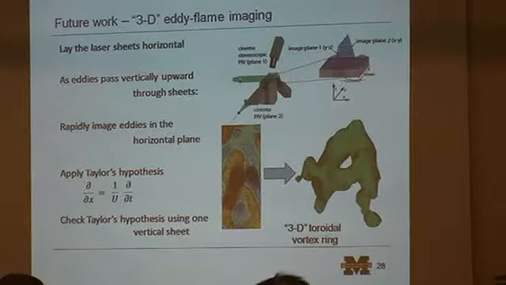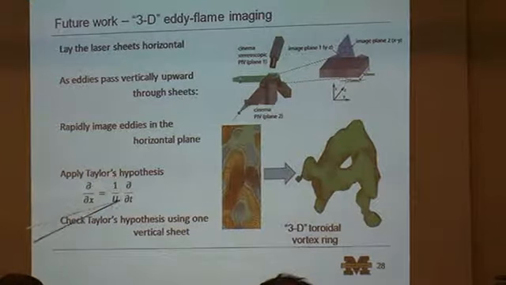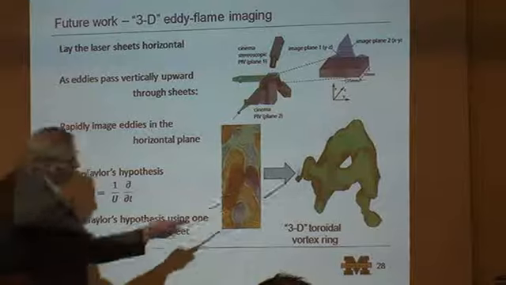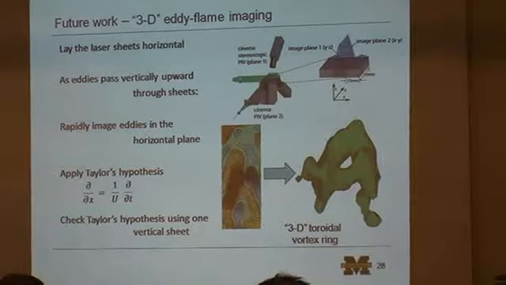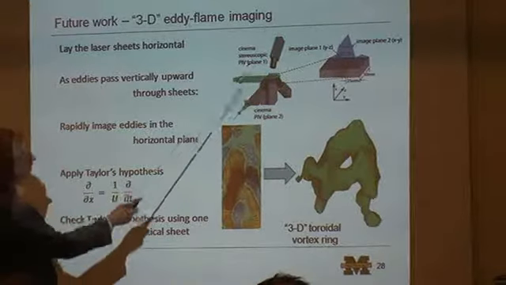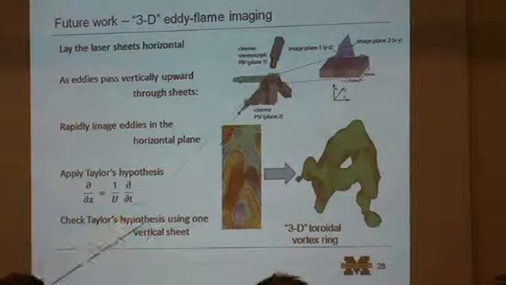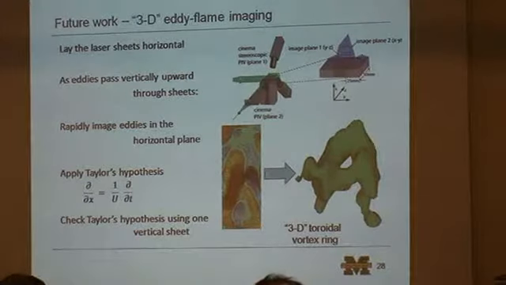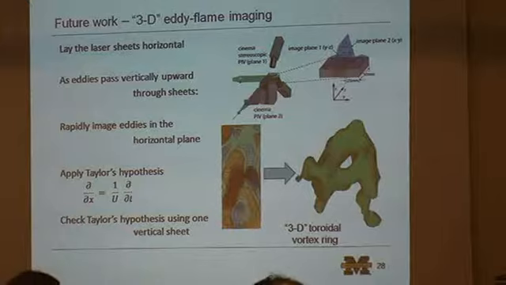Now, if we assume that the shape of the eddy does not change through the passage, we can apply Taylor's hypothesis, and we can generate these things. And then we have another sheet, a vertical sheet, and we check Taylor's hypothesis using a vertical sheet, which is an approximate way to determine if the Taylor's hypothesis is correct.